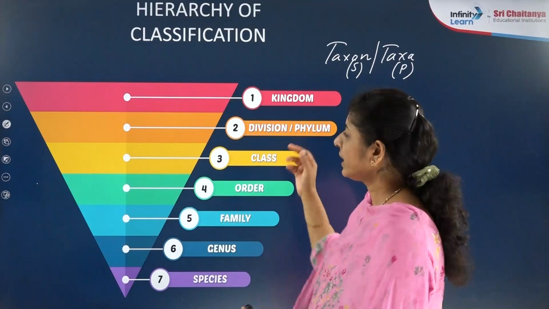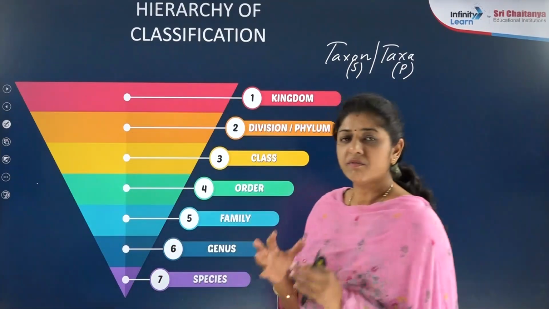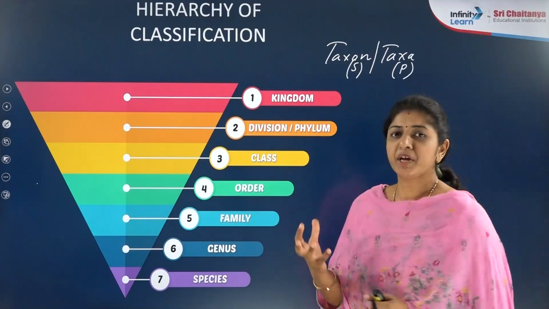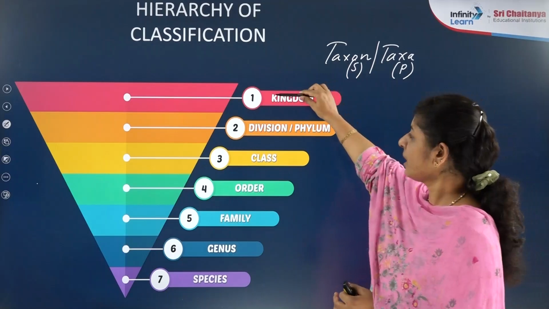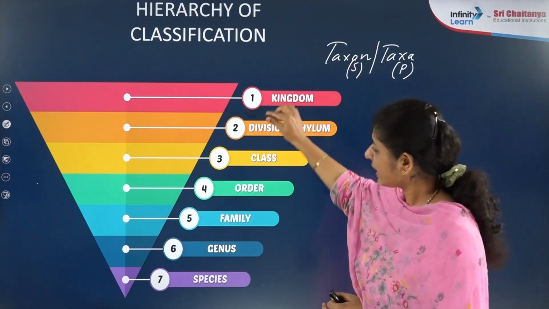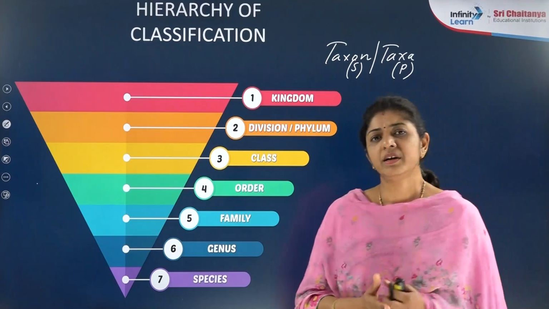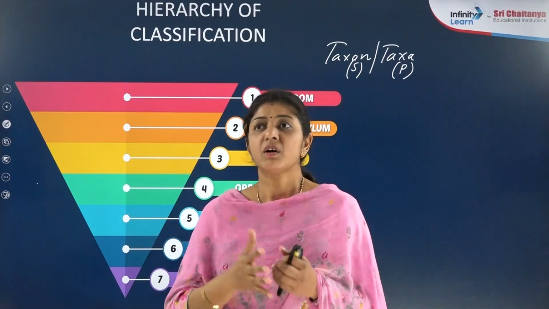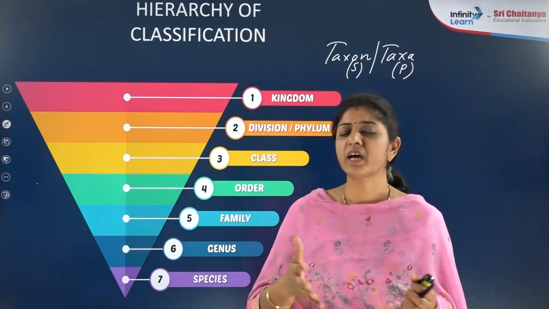In that context, you will find this is an inverted pyramid. Why is it inverted? Because we have made it based on the number of organisms. If you start from a higher taxon and move towards the lower, the number of organisms will decrease. Simply, if we take a continent, which is a bigger one, obviously the number of organisms will be more.